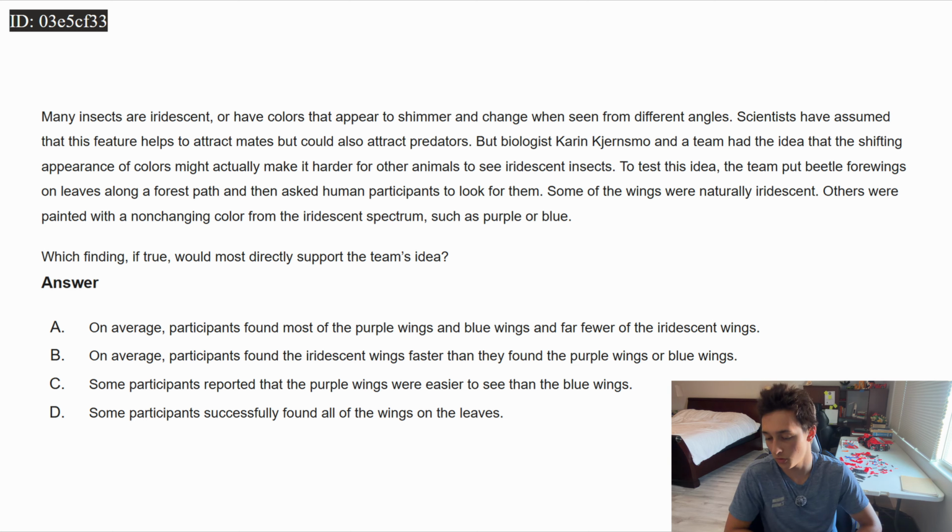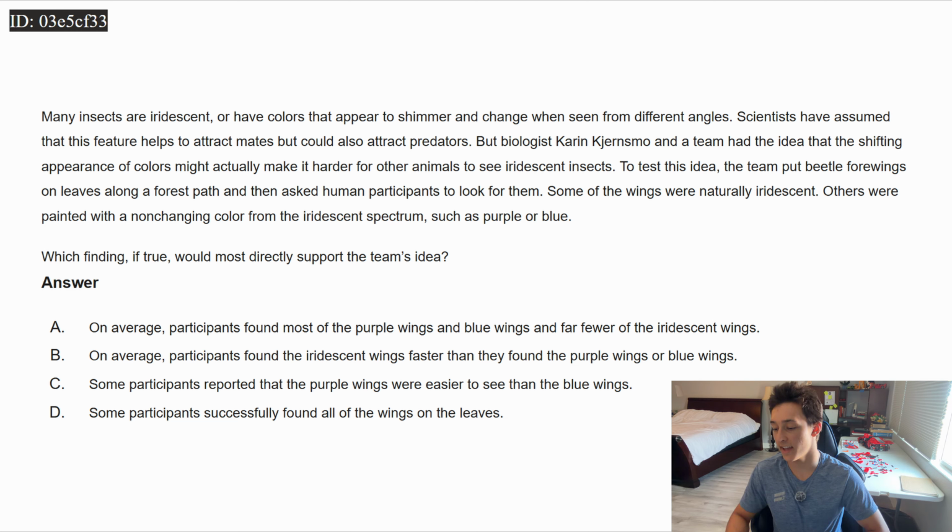In my words, this would be: scientists tested whether the iridescent colors would help insects hide by placing the iridescent and the solid colored beetle wings on leaves and then asking people to find them to see how well they do. So what would most directly support the idea that the shifting appearance of colors might actually make it harder for other animals to see iridescent insects?